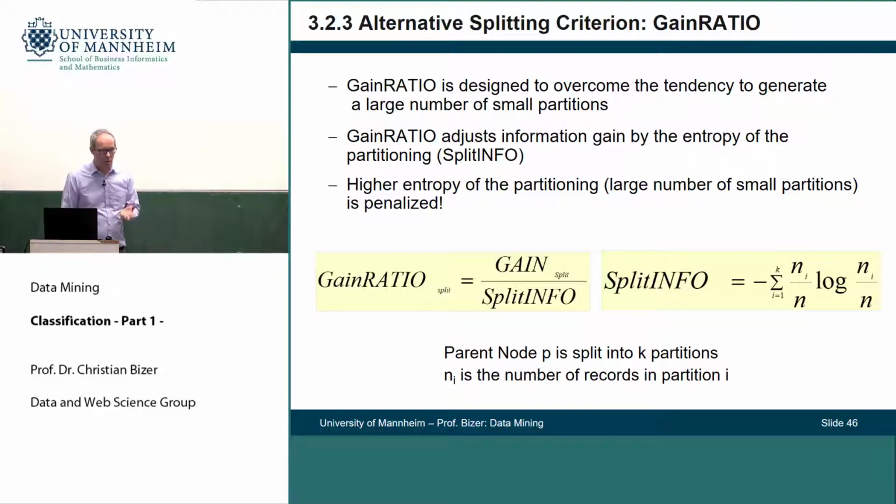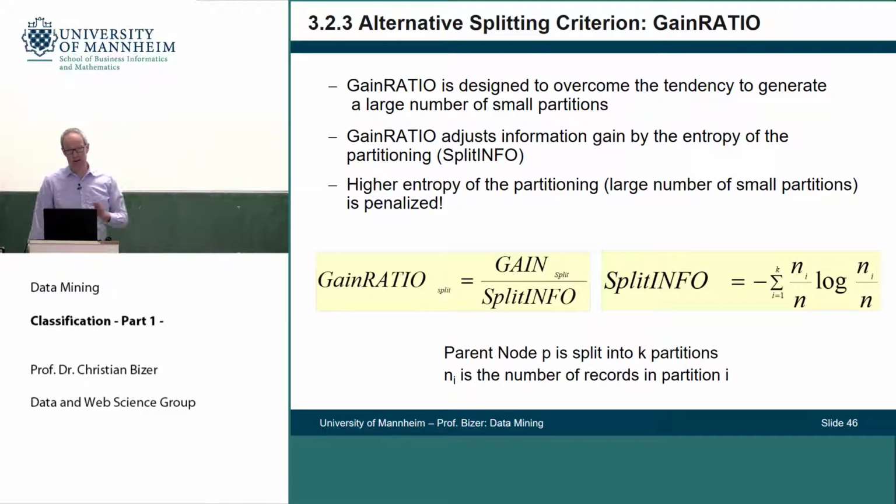So people wanted to normalize this information gain by the purity of the resulting sub-buckets, and this is the idea of the gain ratio measure. We calculate the information gain of the split, and then we divide this by the entropy of the split itself. This entropy of the split itself is called split info.